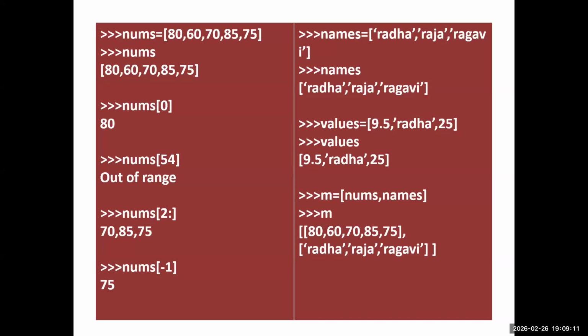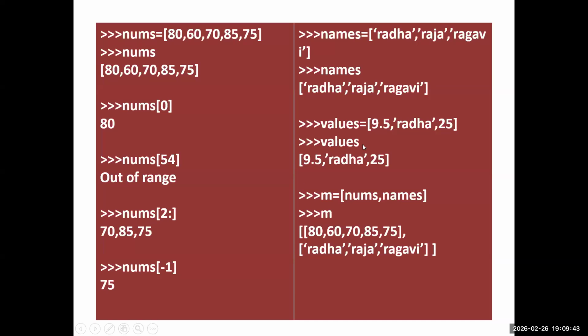Then you can use strings also. If you want to use strings, they occur within single quotes or double quotes, separated by commas within the bracket, then names. In this manner, the string values will be displayed on the screen. Then you can use a different combination of values: 9.5, then a string, and after that an integer value.